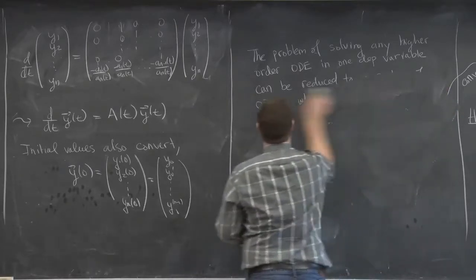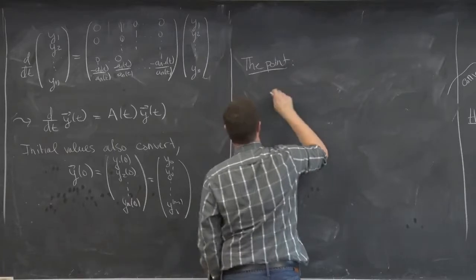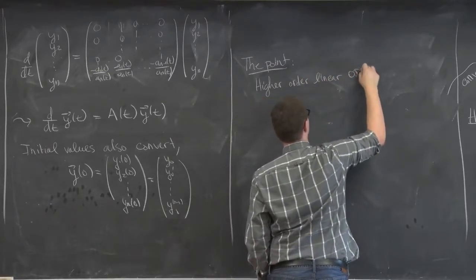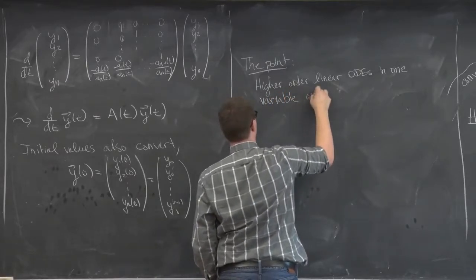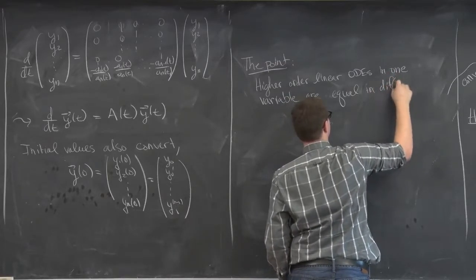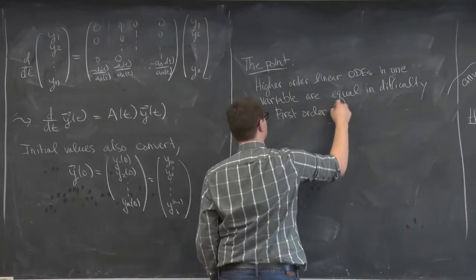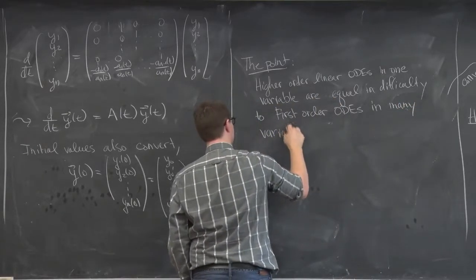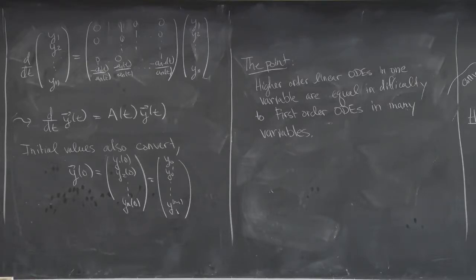So the point: higher order linear ODEs in one variable are equally hard, equal in difficulty, to first order ODEs in many variables. Okay. So let's do an example. Okay?